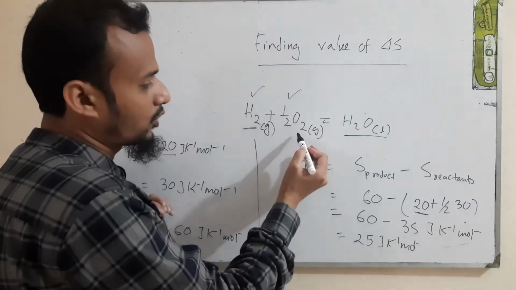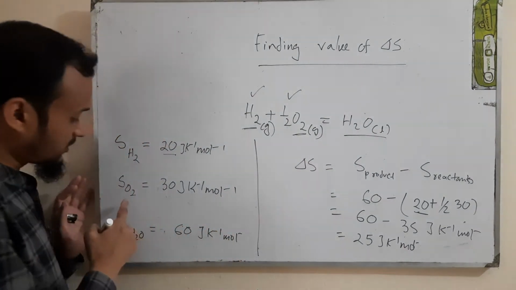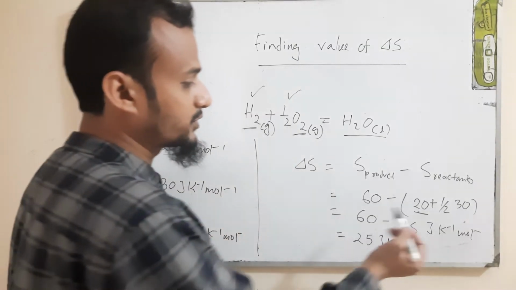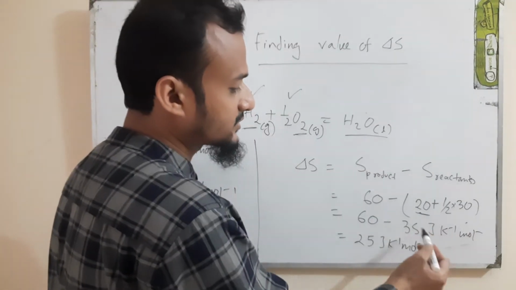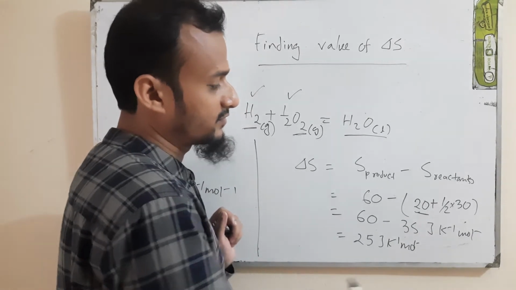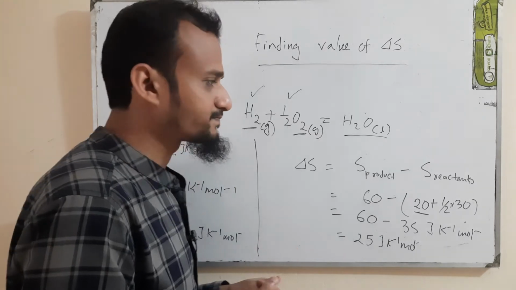But here, oxygen is half mole. We know the entropy of oxygen per mole is 30, so it would be half into 30, right? Because there is half mole. So you calculate, it's 20 plus 15, 35, and you get 25 joule per Kelvin per mole. It's easy, isn't it? It's really easy.